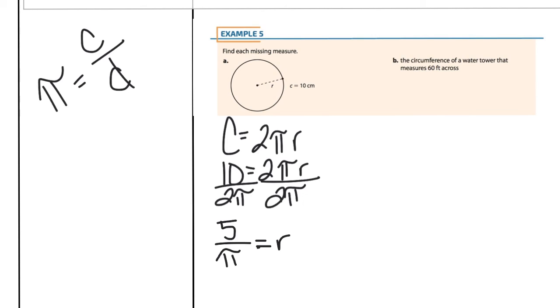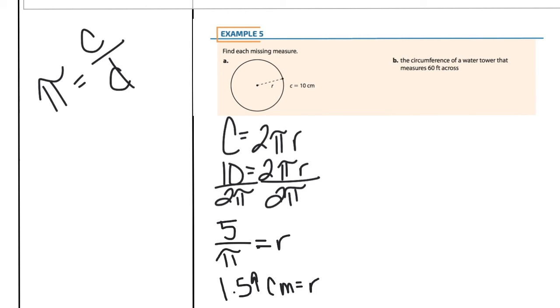You could put it into a decimal. If we type into our calculator 5 divided by pi, it would be 1.59 centimeters. That is our radius.